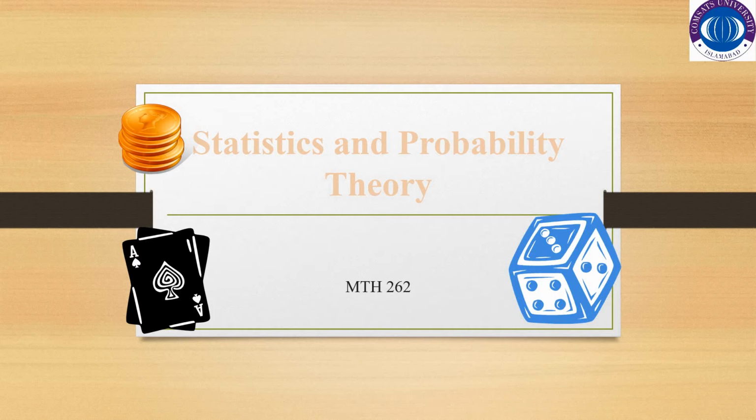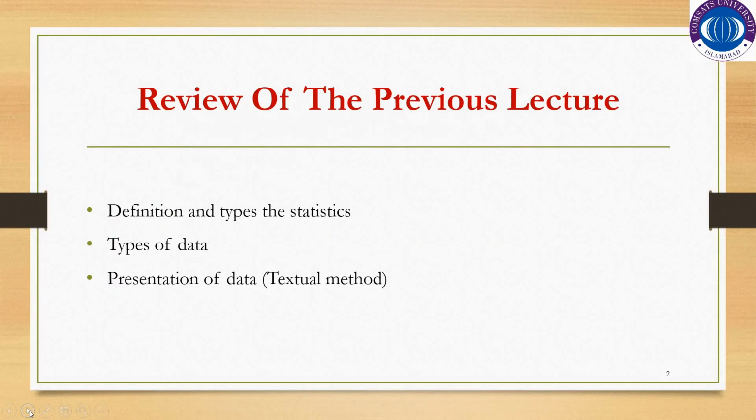Before starting the lecture, we will have the review of the previous lecture. In previous lecture, we have studied definition and types of statistics. What is statistics? Statistics is the discipline which gives us different procedures and techniques to collect, calculate, analyze and interpret the dataset.